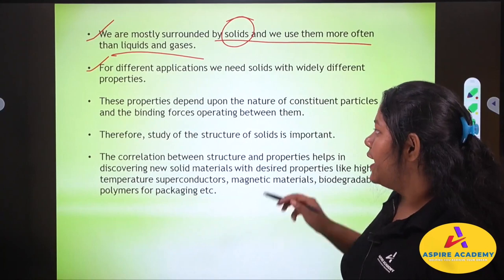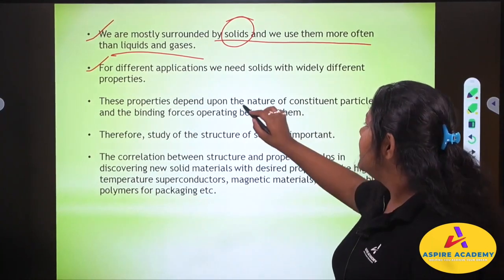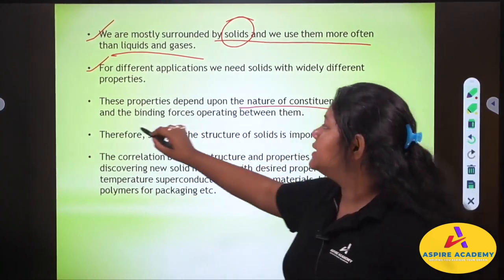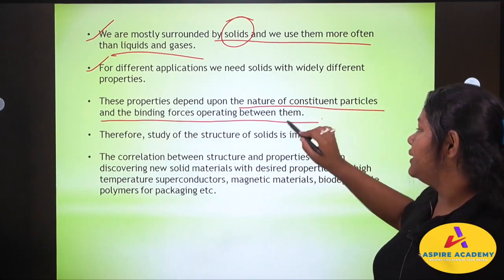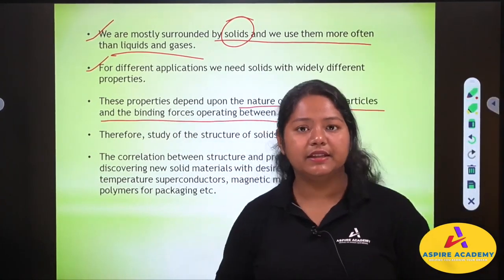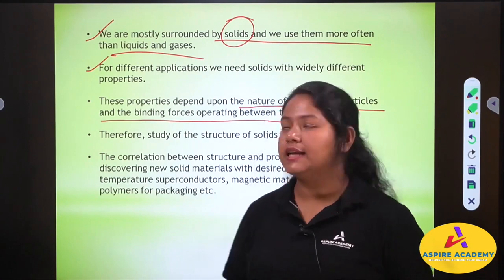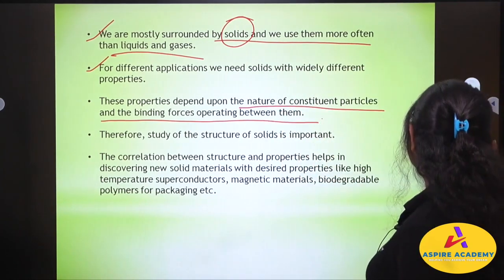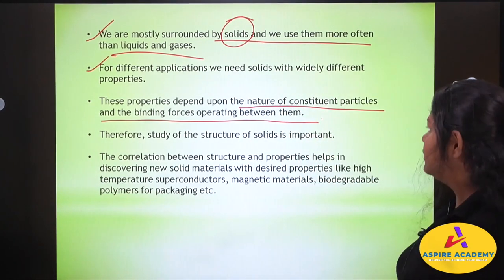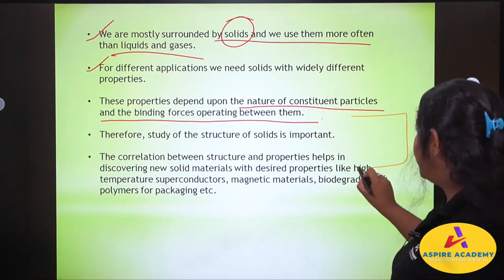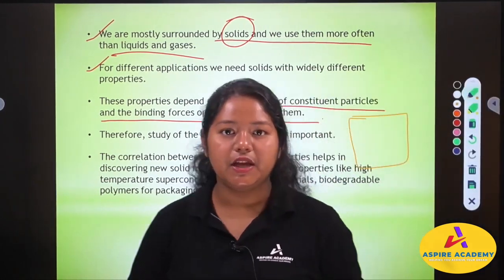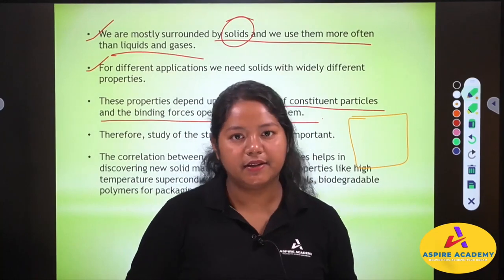Okay, understood? Next we have: these properties depend upon the nature of constituent particles and the binding force operating between them. Now in your class 9th and class 11th, you must have understood that we have matter. I hope you know what matter is, correct?